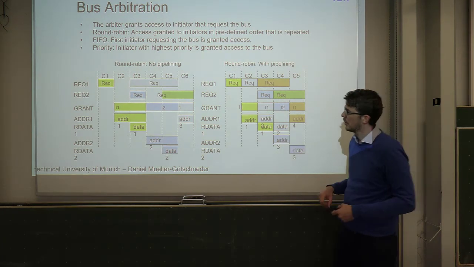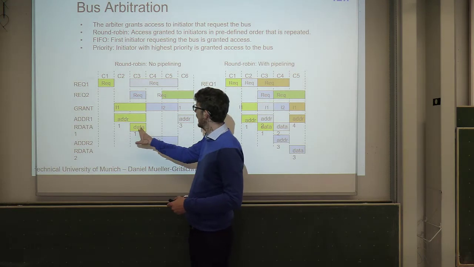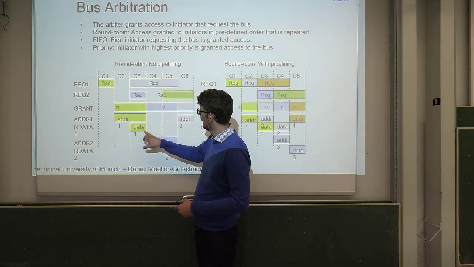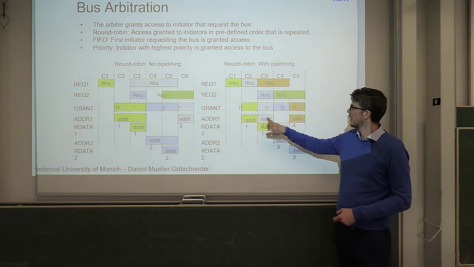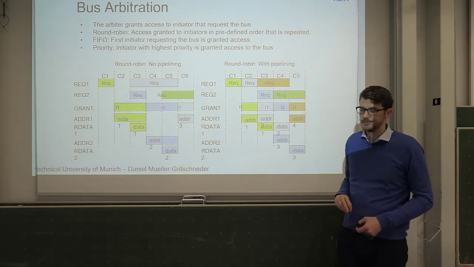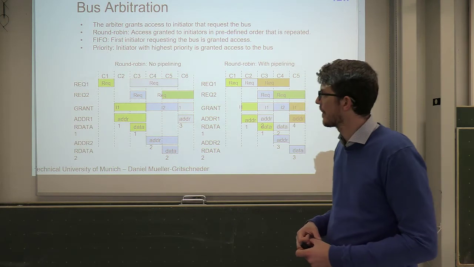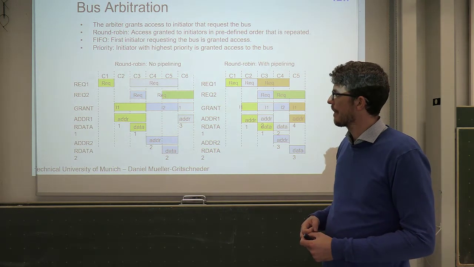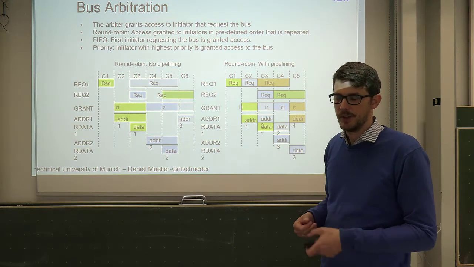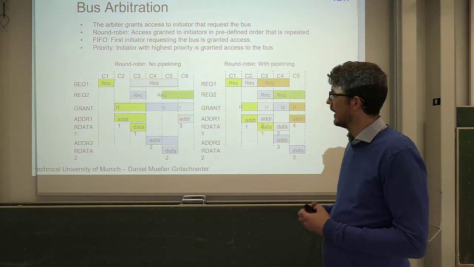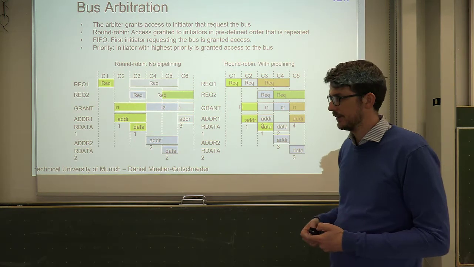You don't have to wait until the data is back before it can do the address. But as soon as you have the data, the next one can already put the address there. Okay, and this is basically how these bus protocols are working if you have more than one initiator.